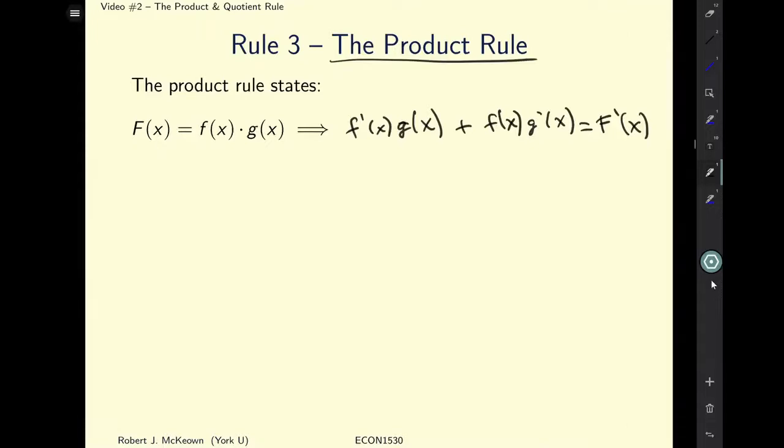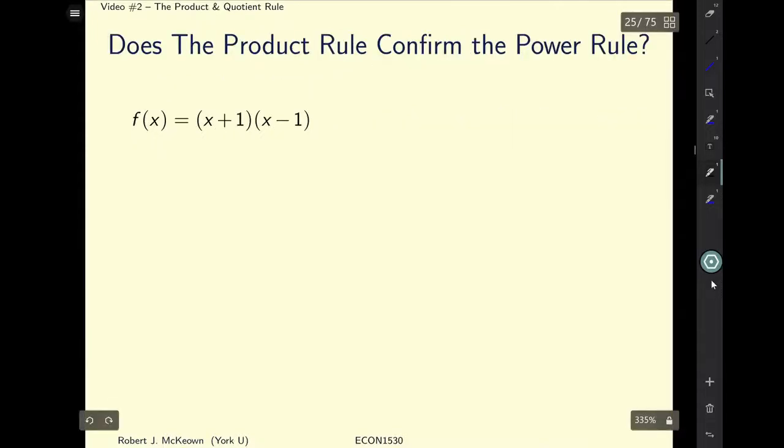Now, before we move on to another rule, I want to ask you the question, does the product rule confirm the power rule? So you might have noticed, or you might have questioned, why am I using the product rule if I've got, I guess here it's a little f of x. Before it was a big f of x. Maybe we should fix that. If I want to find, well, first let me redefine big f of x.